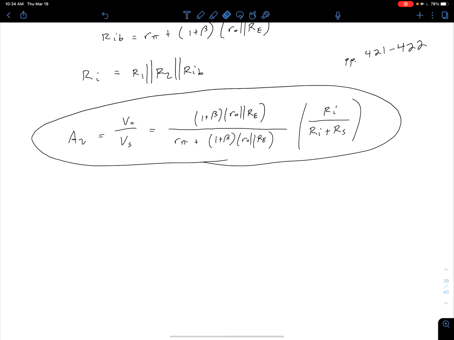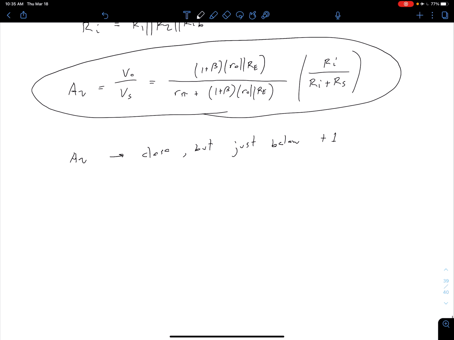Same thing over here. This is going to be approximately 1, but a little less than 1 because we have that internal source resistance Rs. So Av for our common collector configuration is going to be close, but just below unity. So just below a positive 1. And that's the other thing to note, that this gain is positive. It's not negative as we saw for our common emitter configuration.